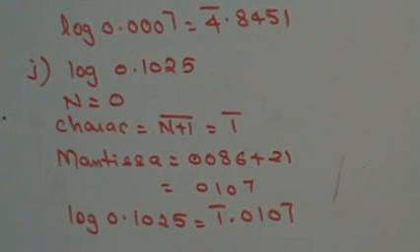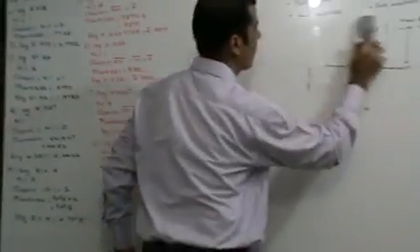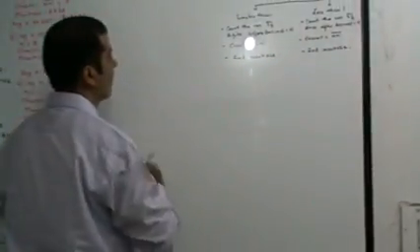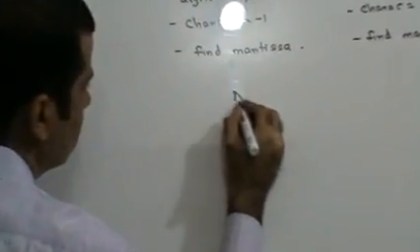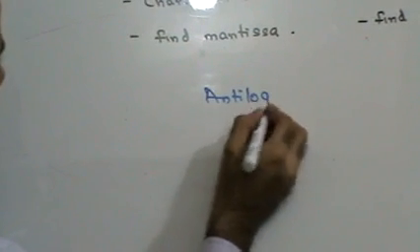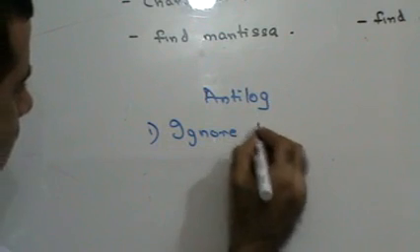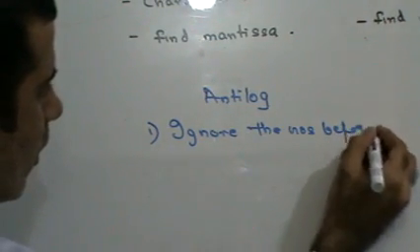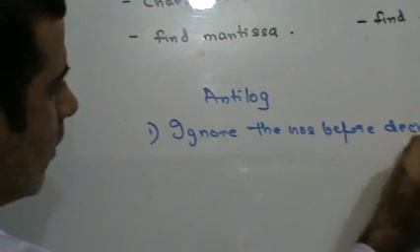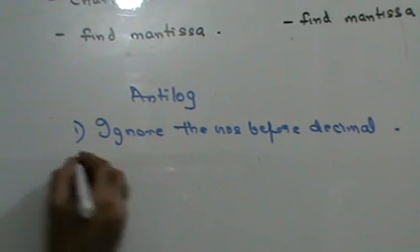Now let us learn how to find anti-log. Right, for anti-log, the first thing that you have to do is ignore the number before the decimal.